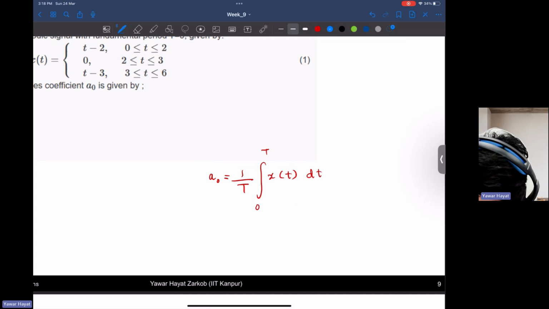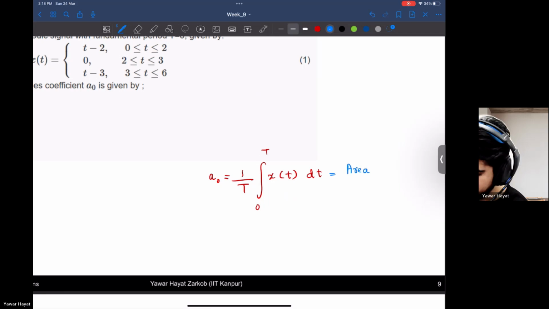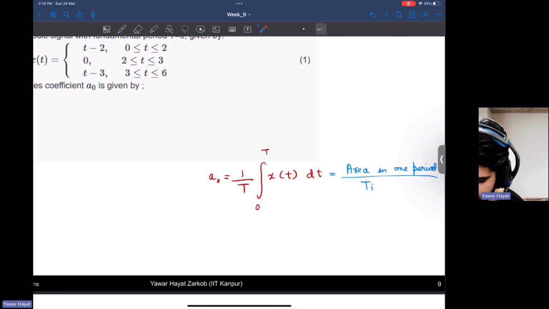You can in fact think of it as the area in one period, because the integral 0 to t of x of t dt would be the area in one period, all divided by t, our time period.